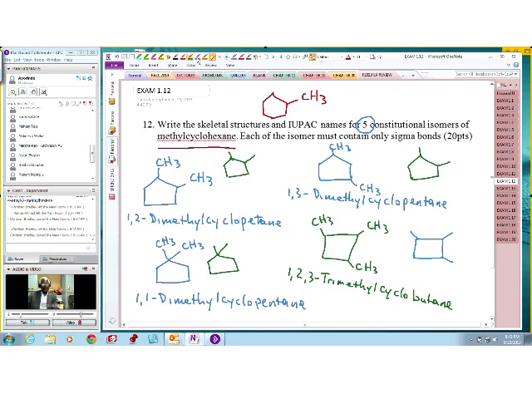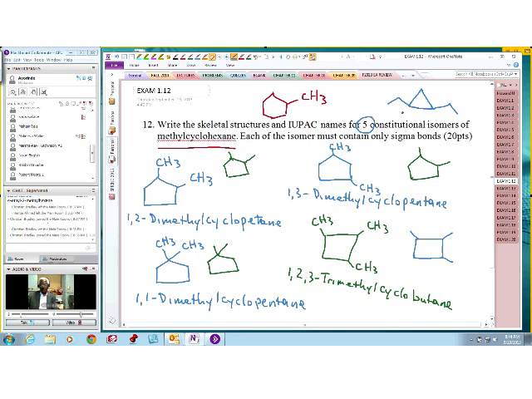I could also have a 3-member ring, so that is 3 carbons. I need 4 more carbons. In which case, if you want the skeletal structure, that's an ethyl group, and that's another ethyl group.